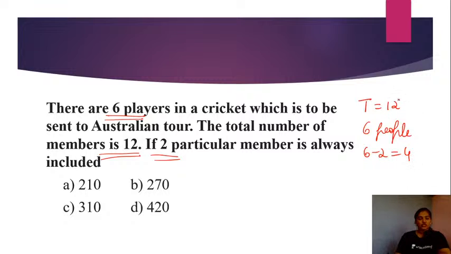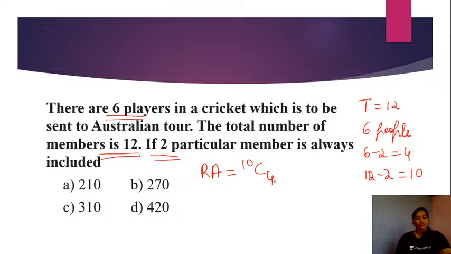Since out of these 12, 2 are already selected, the number of people available from which we have to choose is 12 minus 2, which is 10. So our required answer would be 10C4, students.